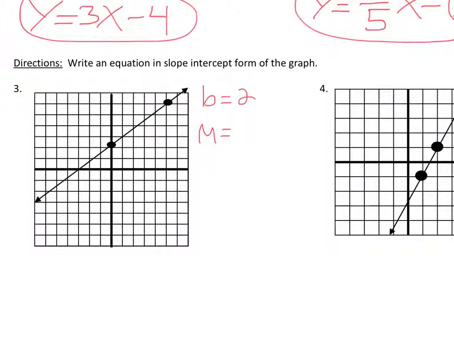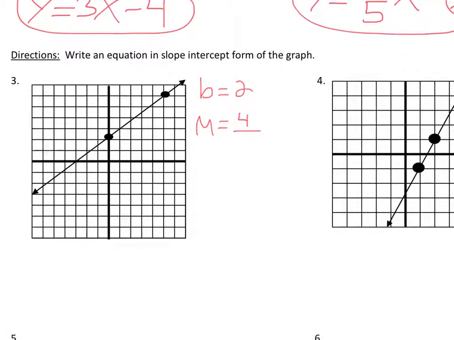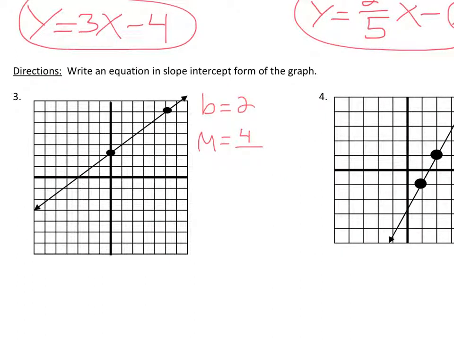So let's get the laser here. I'm going to count from here. I'm going to go up 1, 2, 3, 4 units. So I went up 4. So that tells me that the rise is 4. And then I'm going to go to the right, so the run is 1, 2, 3, 4, 5. So my slope is 4/5.